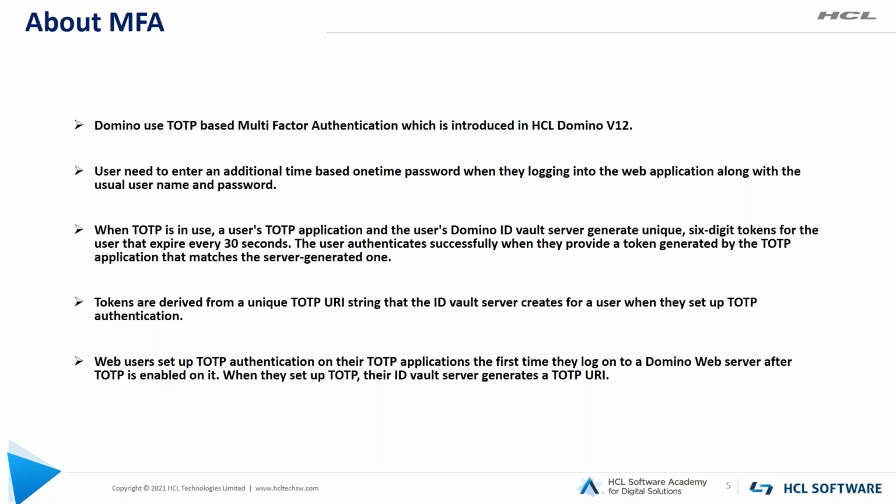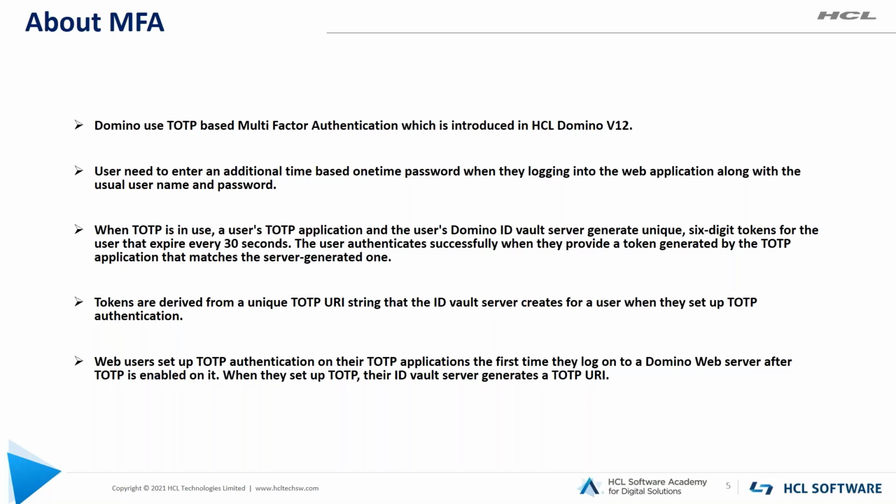When TOTP is in use, the user's TOTP application and the user's Domino ID Vault server generate a unique 6-digit token for the user that expires every 30 seconds. The user authenticates successfully when they provide a token generated by the TOTP application that matches the server-generated one.